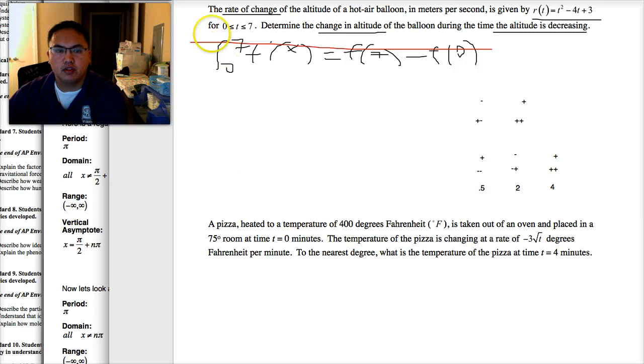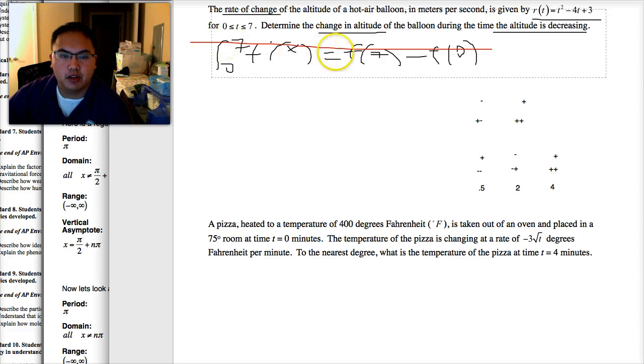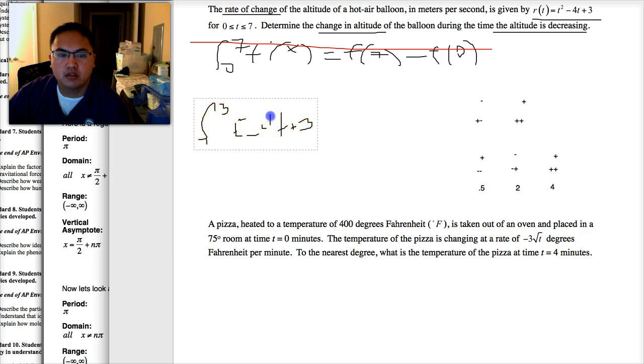We just know it's between 1 and 3, so my new problem, instead of writing this formula, what I should write is the integral between 1 and 3 of t squared minus 4t equals f of 3 minus f of 1, and that's because that's the area where it's decreasing.